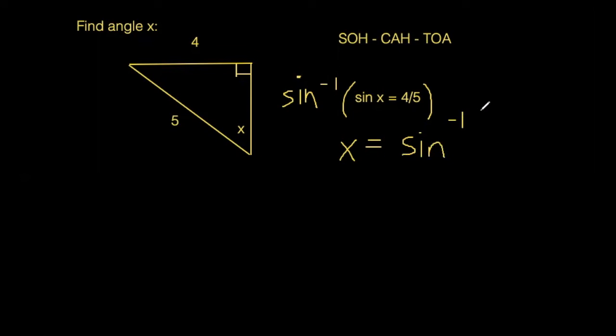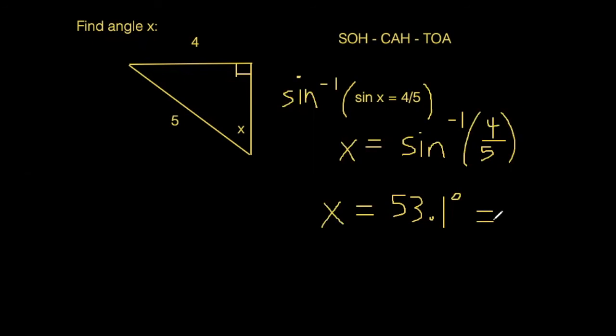You punch that into the calculator, making sure you're in the correct mode, and you'll get about 53.1 degrees, or about 0.927 radians, depending on which mode you're in. Just make sure you're using the correct units based on what the question is asking.